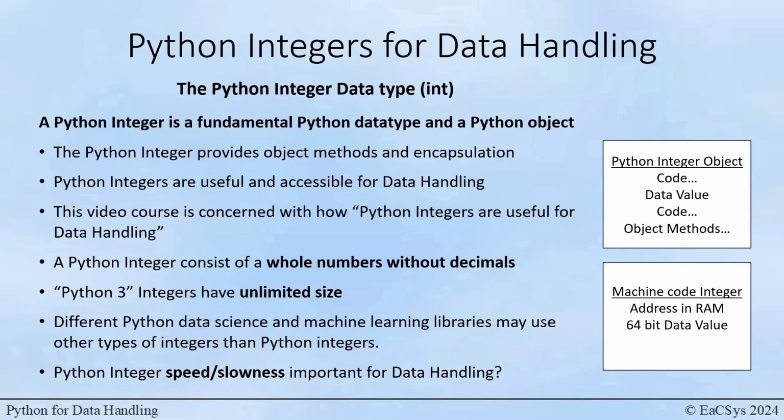The Python integer is different from this in that it provides object methods and encapsulation, a piece of code protecting the integer number data value from being accidentally overwritten.